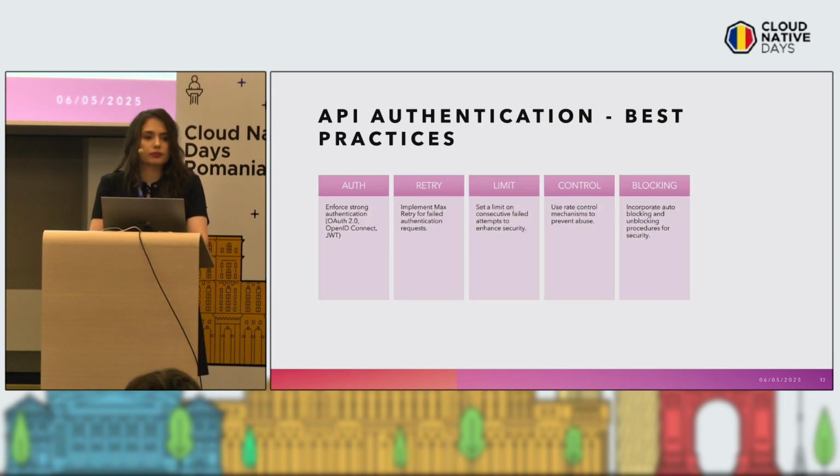Next, in general, let's cover a few key security practices for protecting the web apps. When designing API authentication, it's best to have a max retry limit on failed attempts. We implemented this a few years ago to prevent brute force attacks.